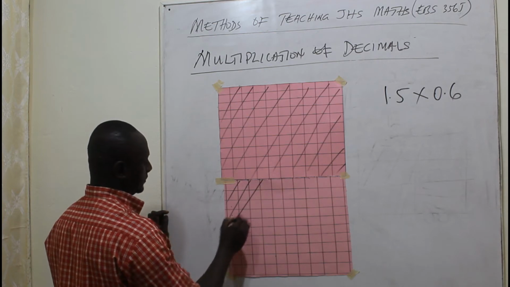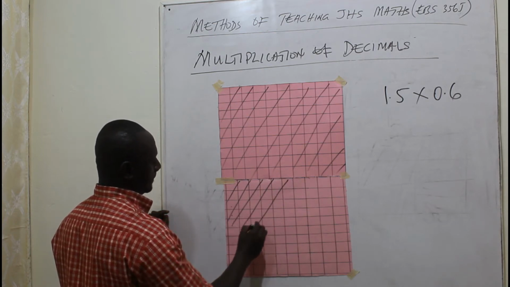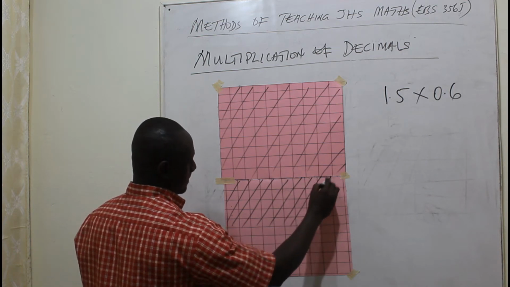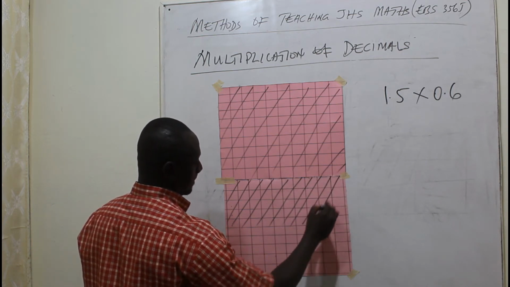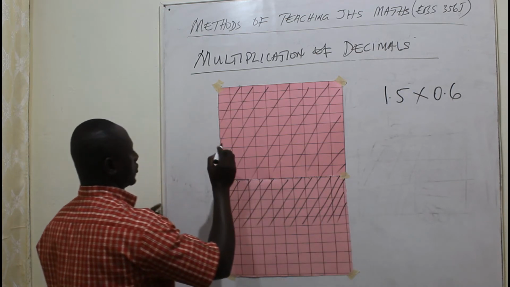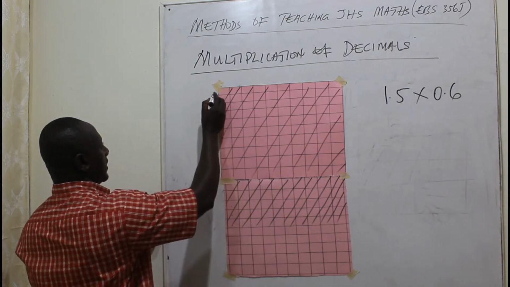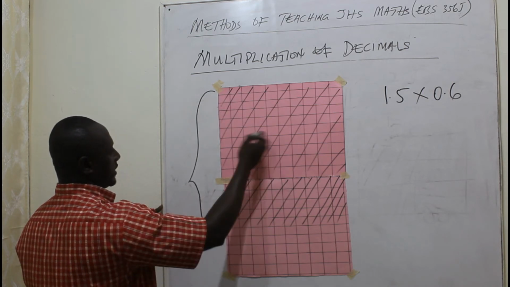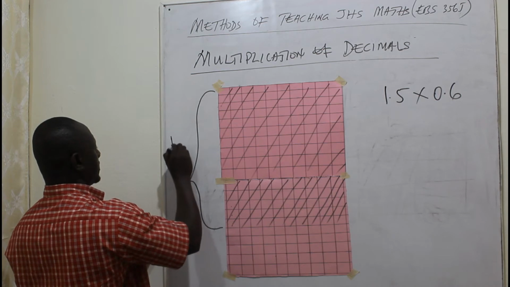So what it means is that this whole shaded portion here is going to represent 1.5.